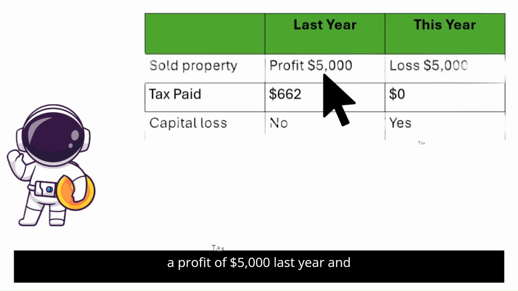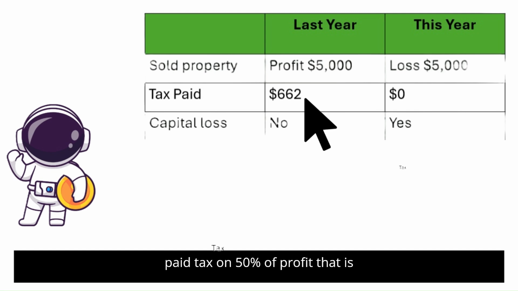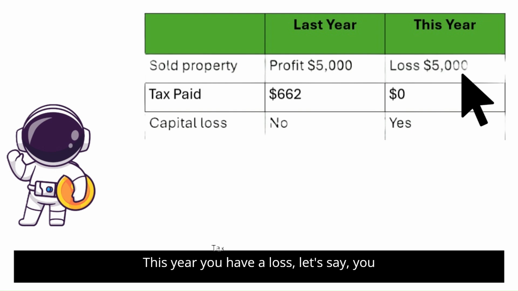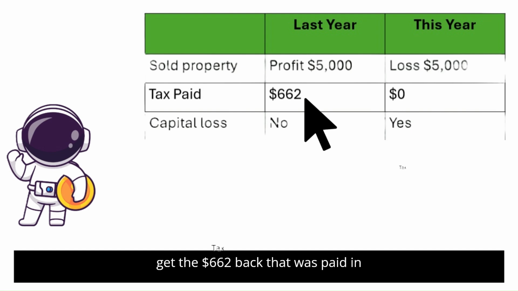You had a profit of $5,000 last year and paid tax on 50% of profit, that is on $2,500. To keep the example simple, you paid $662 tax at 26.5% tax rate. This year you have a loss. Let's say you have same loss of $5,000. You can take it back to last year and get the $662 back that was paid in taxes.